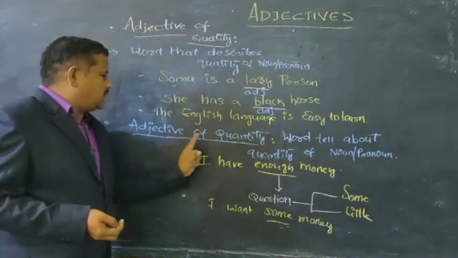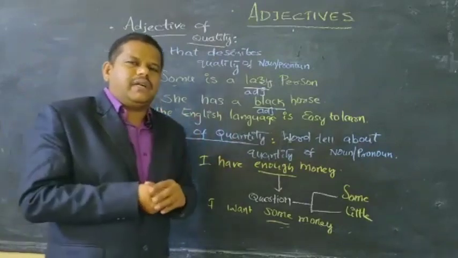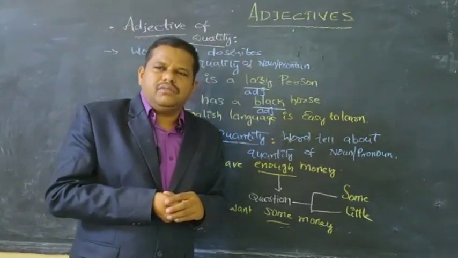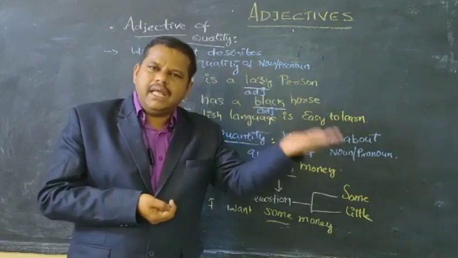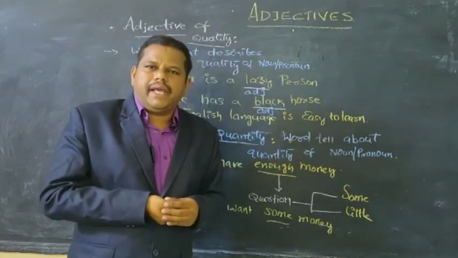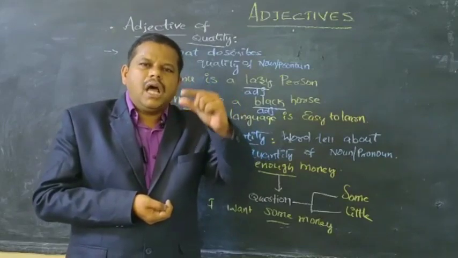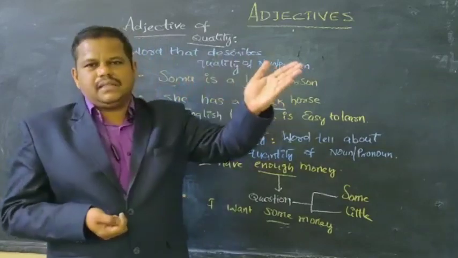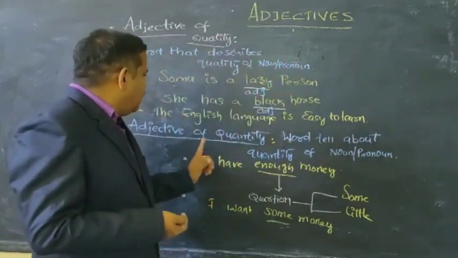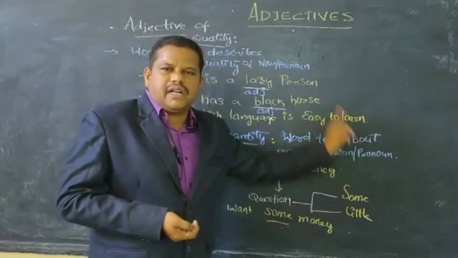Second one, adjectives of quantity. Just now I explained that quality and quantity are different. Quality is about a person, either positive or negative. Quantity means how large, how big, how small, the size or amount. This is the word that tells about the quantity of a noun or a pronoun.